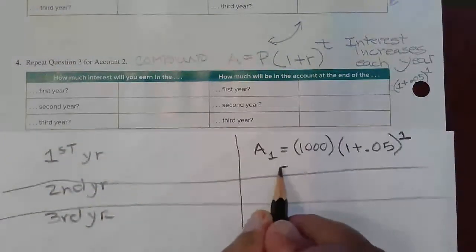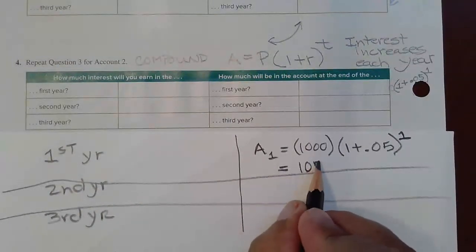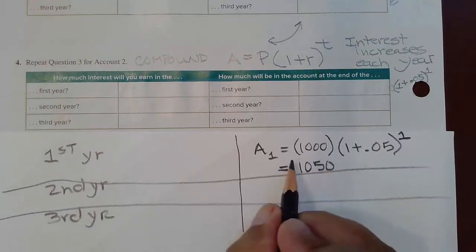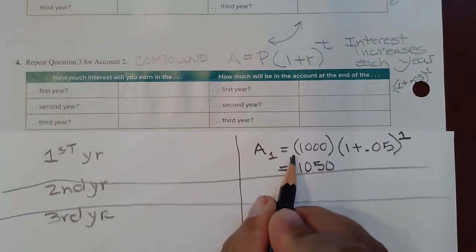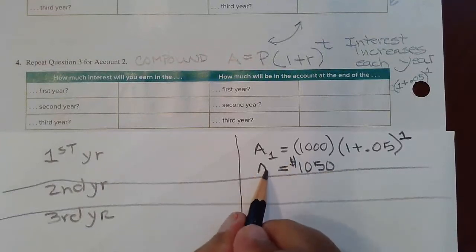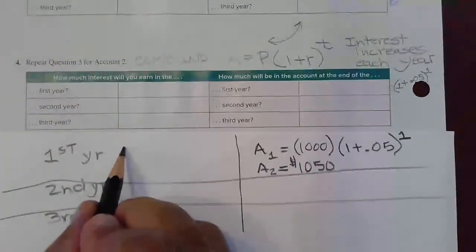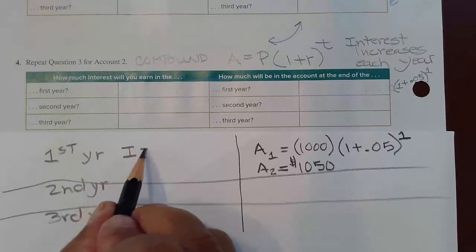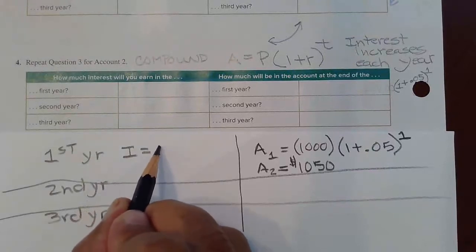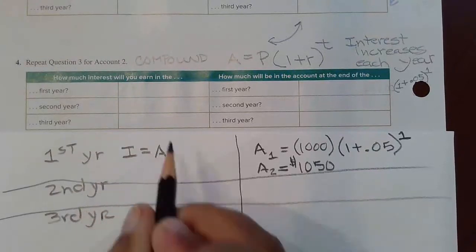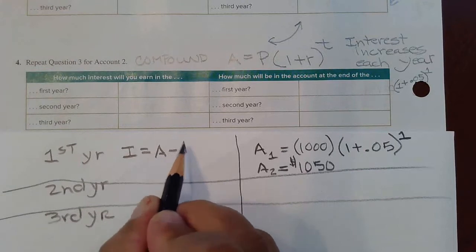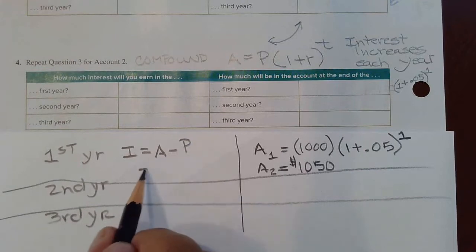Okay, so this ends up being, you can put that in your calculator, 1,050. And then if you were going to try and figure out the interest associated with first year, you would just go the final amount in the account, take out what you had originally called the principal.